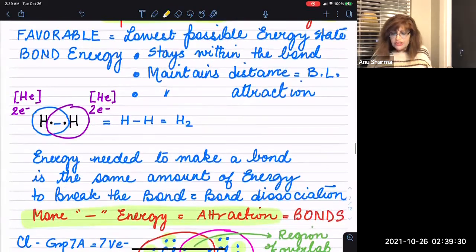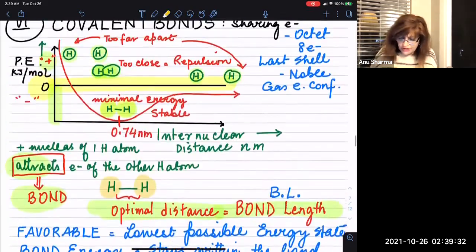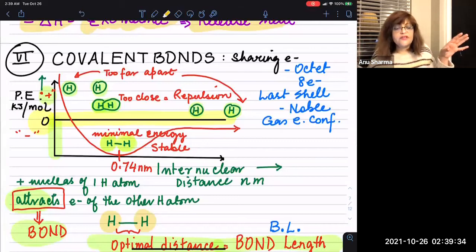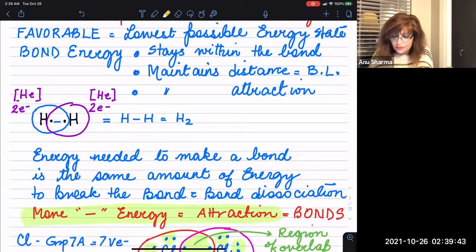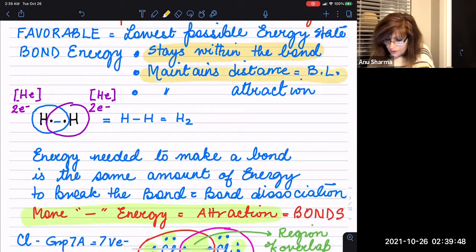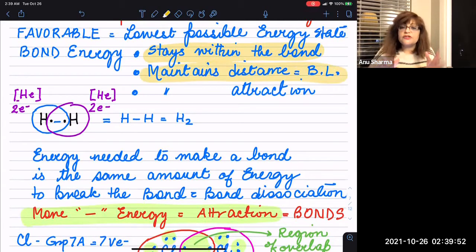So the bond energy, where does it go? All the energy that hydrogens had to give away, they're at a very high energy state. Where did all that excess energy go? Even though some of it may have gone to the environment, most of it stays within the bond, because it needs to maintain the distance that brought the two atoms close together. Too close, repulsion; too far away, no reaction. So that optimal distance, where the positive and the negative are interacting, we need to maintain.